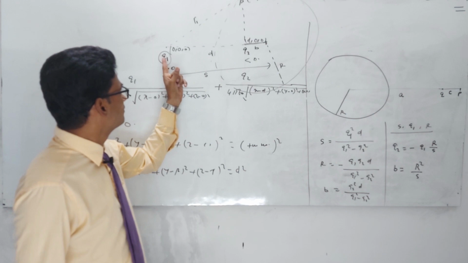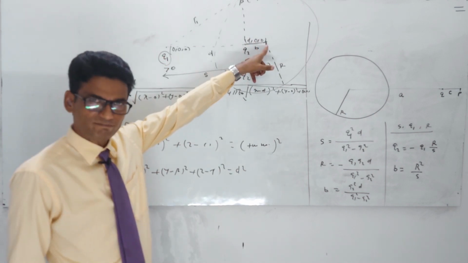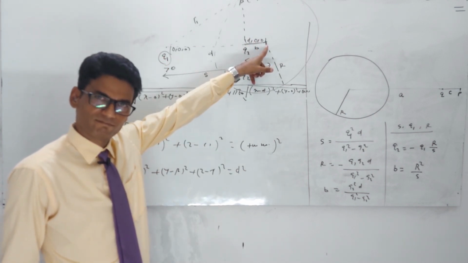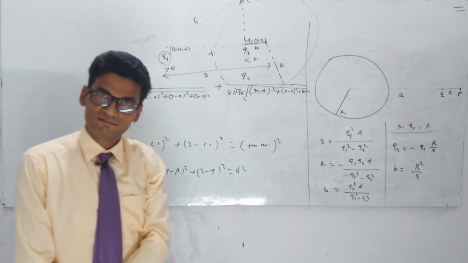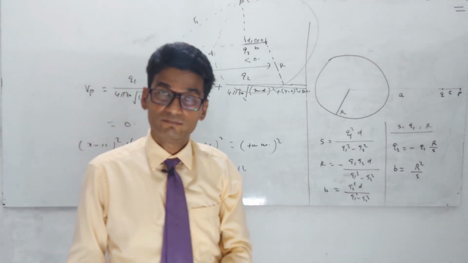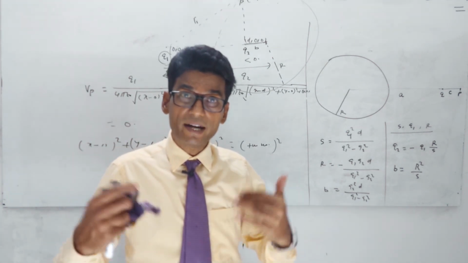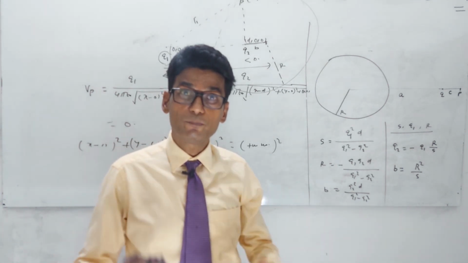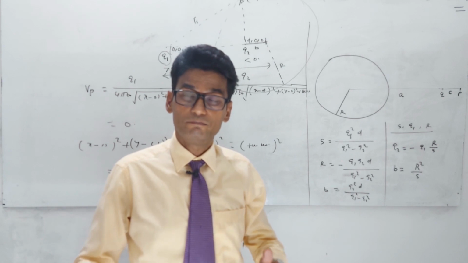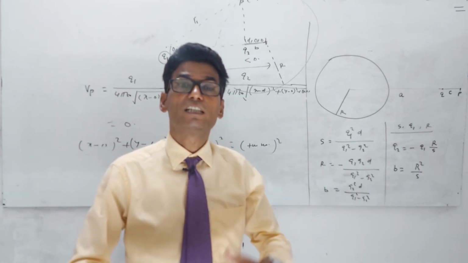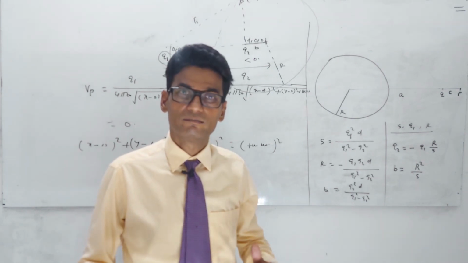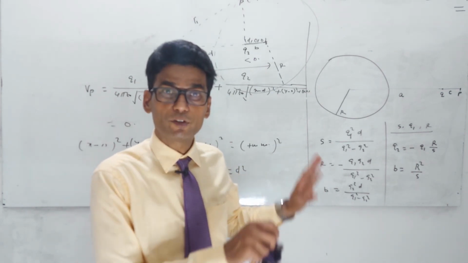So only of this q1 charge is the potential there, and this is the potential of the shell. No way to find the potential at any point on the surface, because of the non-uniform distribution of the induced charges due to q1. We had already removed q2.